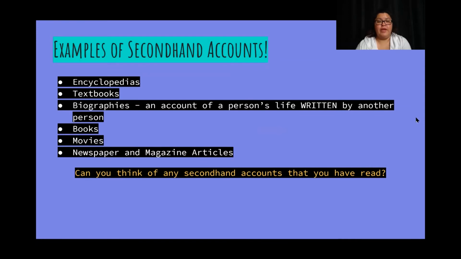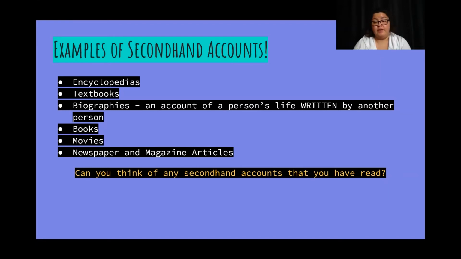So think about secondhand accounts. What type of text is a secondhand account? An easy shortcut to figure out what is a secondhand account versus a firsthand account. Some examples are encyclopedias, textbooks, and biographies, which are an account of a person's life written by another person.